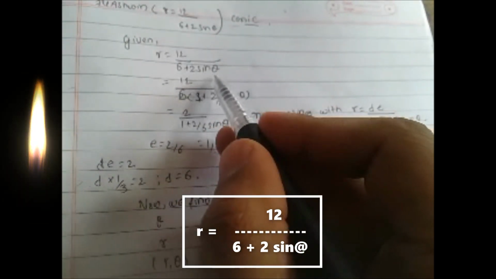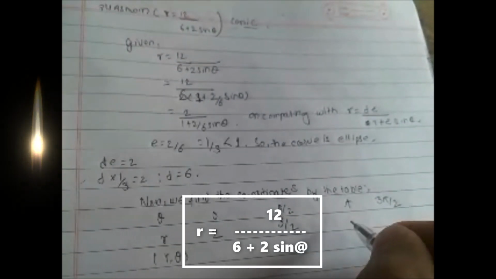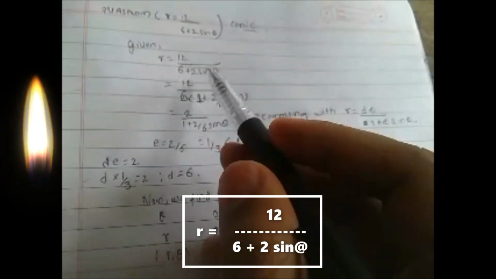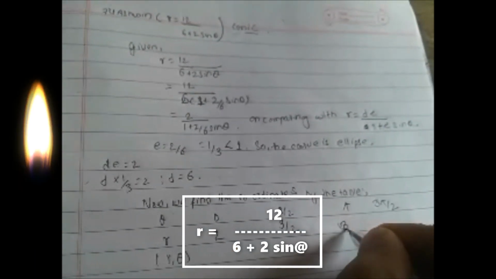Sin pi by 2, sin 90 is 1, so 6 plus 2 would be 8 and 12 by 8 would be 6 by 4, which is 3 by 2. When it is pi, sin pi would be 0, so 12 by 6 will be 2.